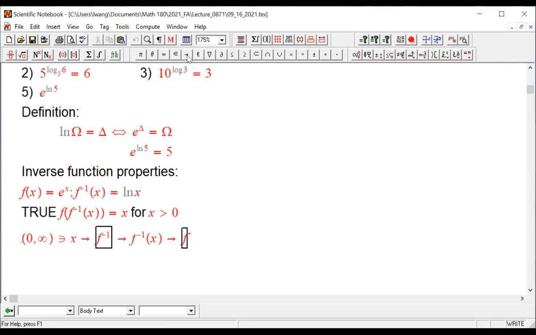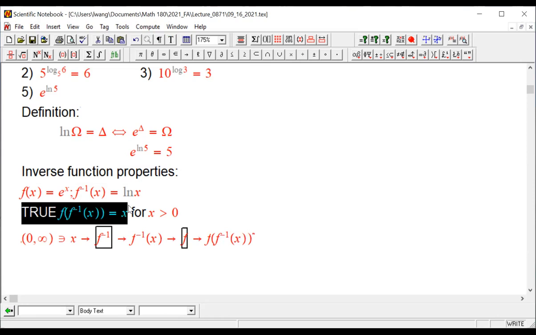It produces an output. So the input is f of f inverse of X, and this property tells us that as long as your X is positive, this is always going to be X. That's what it's saying. It doesn't matter what X is, as long as it's positive.